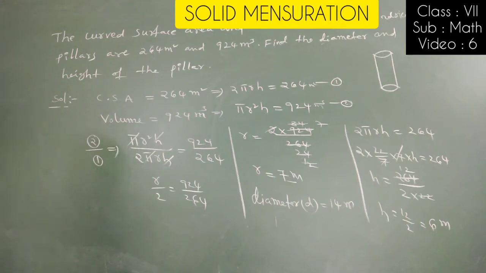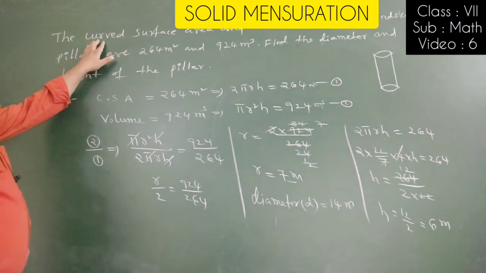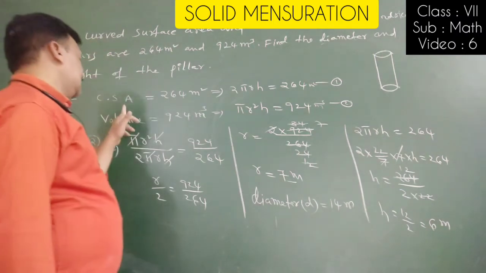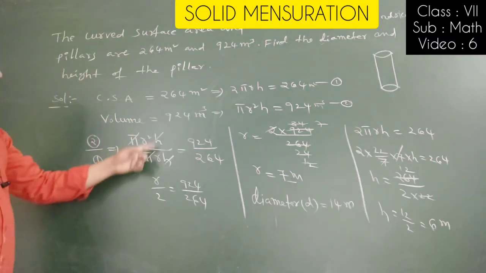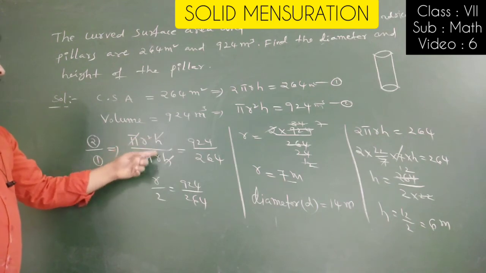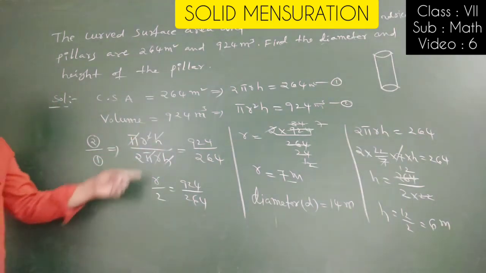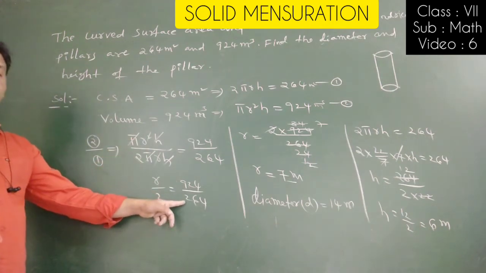Once again, here curved surface area means lateral surface area of a cylinder they gave, and volume also they gave. The relation between CSA and volume is r by 2, because pi gets cancelled, h gets cancelled, and r square by r leaves r. Then r by 2 equal to 924 by 264.